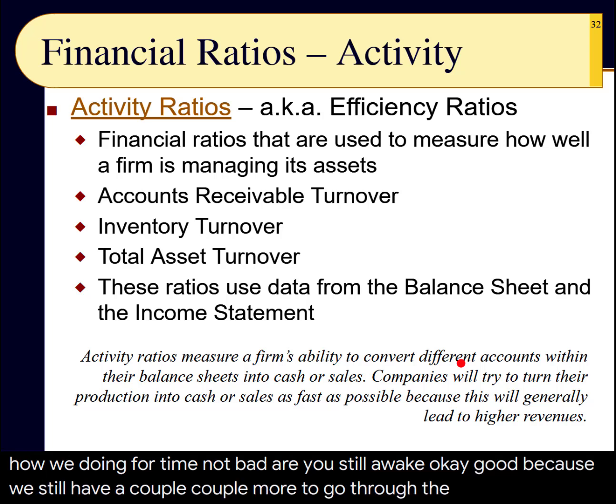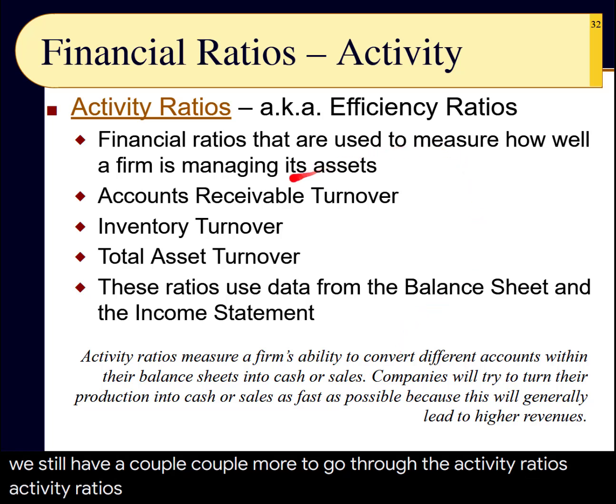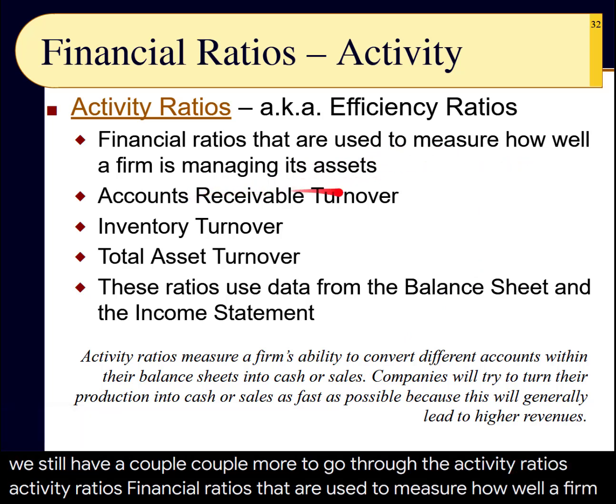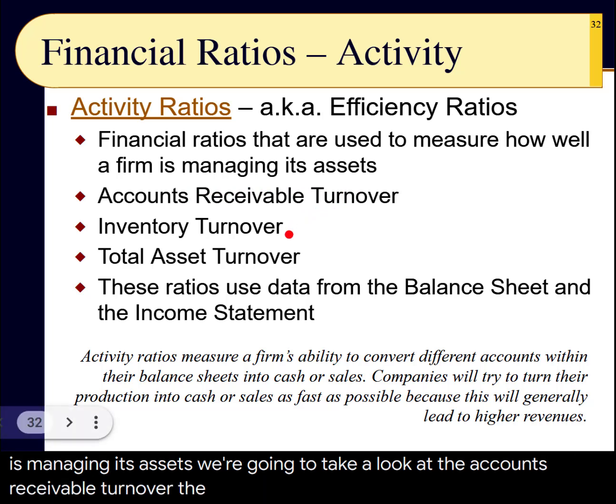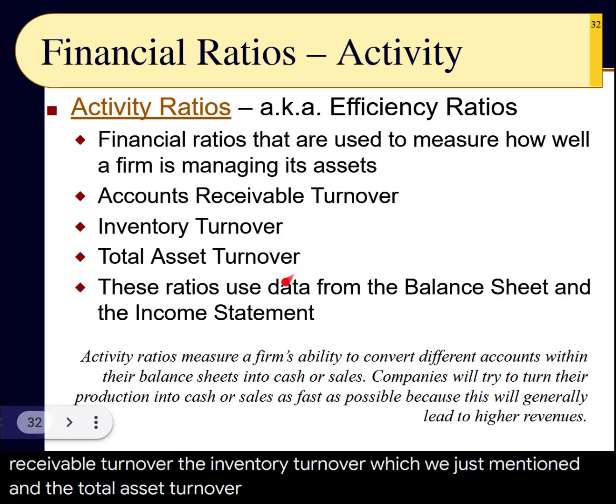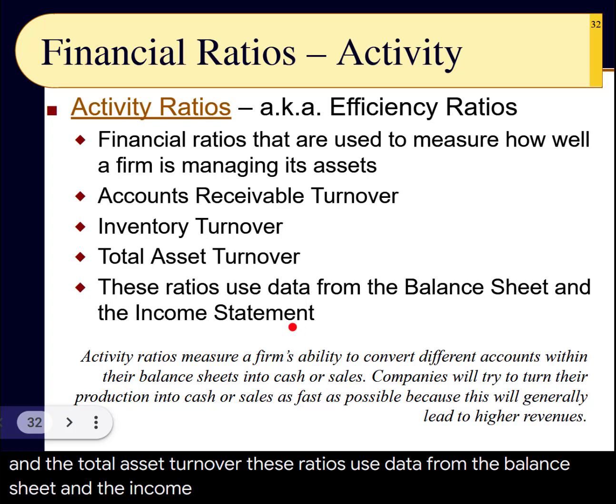The activity ratios. Activity ratios are also called efficiency ratios. They are financial ratios that are used to measure how well a firm is managing its assets. We're going to take a look at the accounts receivable turnover, the inventory turnover, which we just mentioned, and the total asset turnover. These ratios use data from the balance sheet and the income statement.